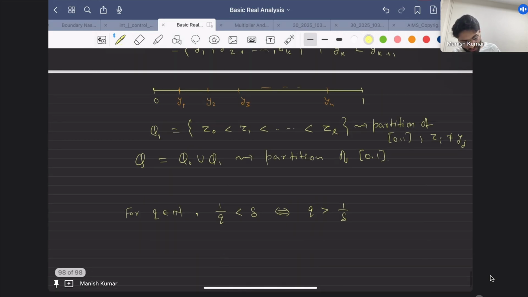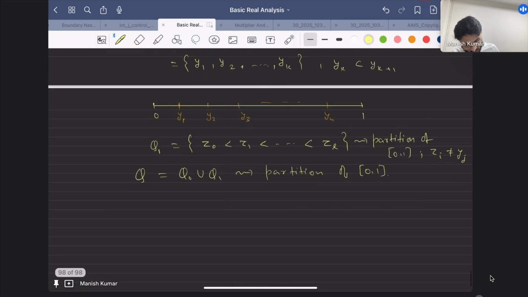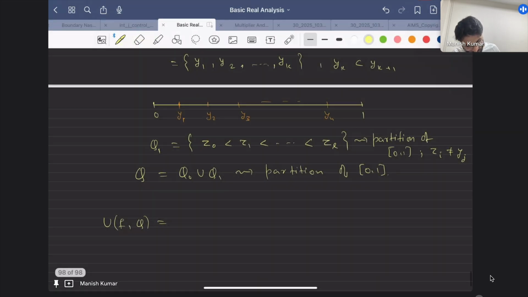Okay, so now let us try to see what is U f at Q. If I try to calculate this one, I'll have this Q1, so U f Q1. Just a second, how should I write it?